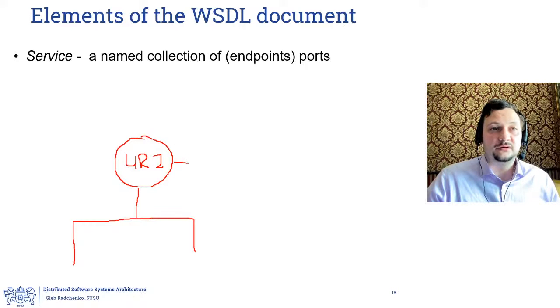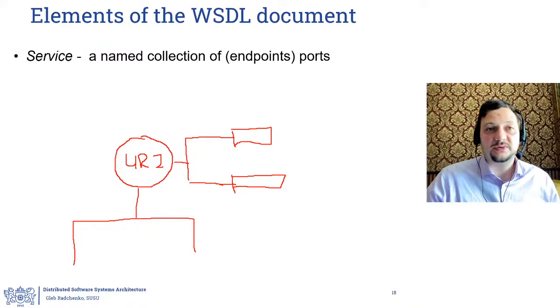We have the description of the methods that our web service provides. And for each method, we have a description of the format of incoming messages that we need to send to invoke the execution of this procedure.